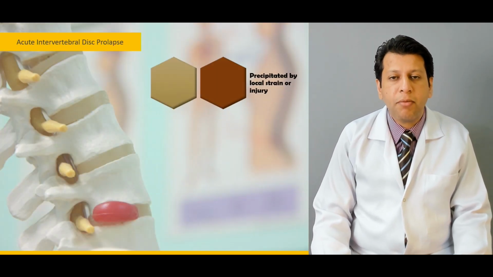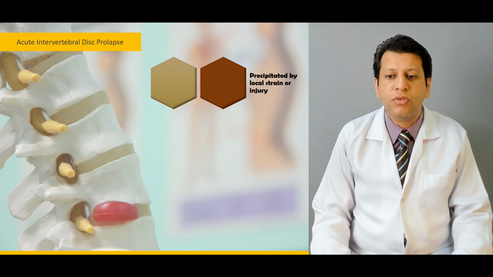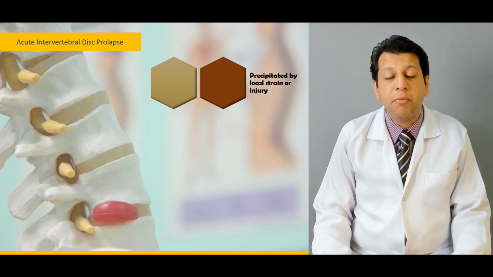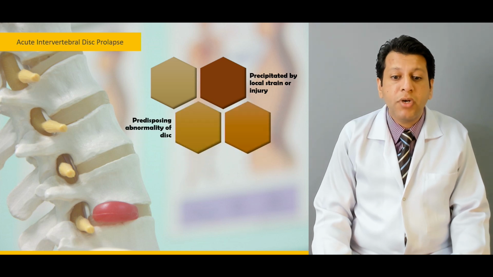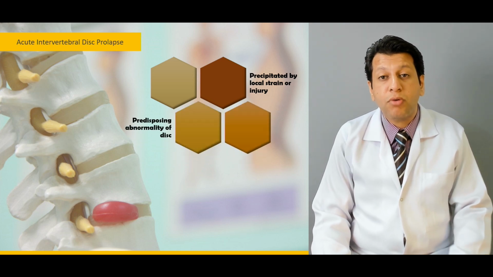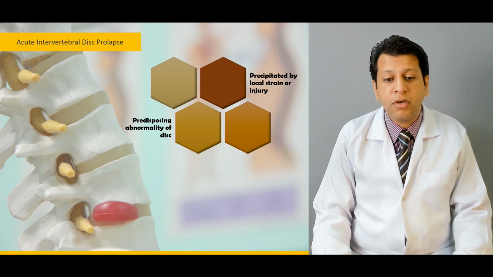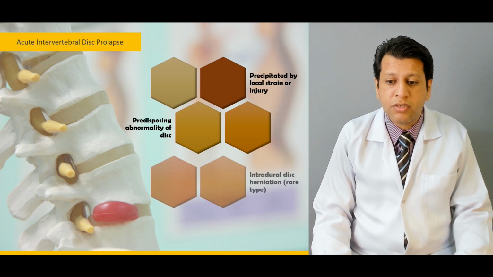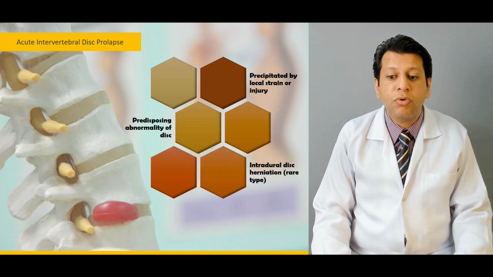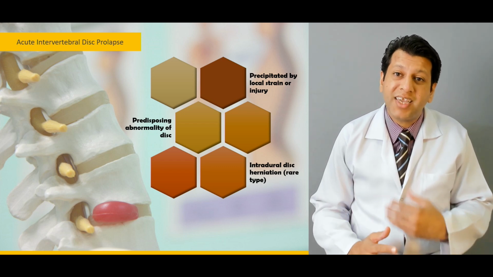Now, there are certain causes which precipitate it. It may be precipitated by local strain or injury. There may be a predisposing anomaly of the disc. The problem may be due to degenerative abnormality. Or there may be intradural disc herniation, which is very rare, but it can occur as well.